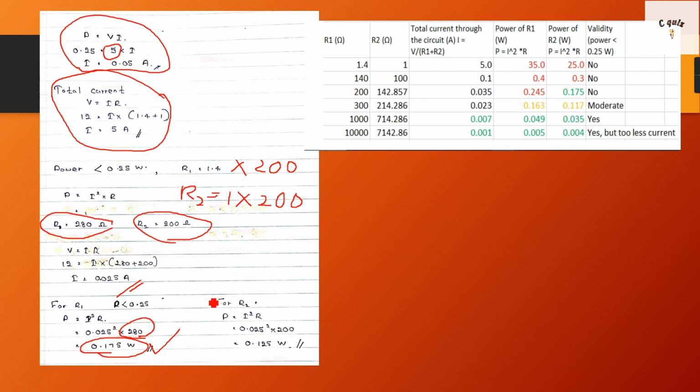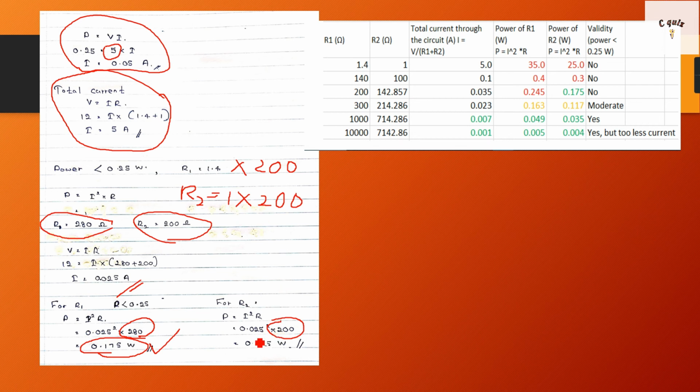So again we need to find the value for R2. Here I use 200 because of the ratio. If we multiply one of the ratio values by some number, we need to multiply the other resistor's value by the same number.